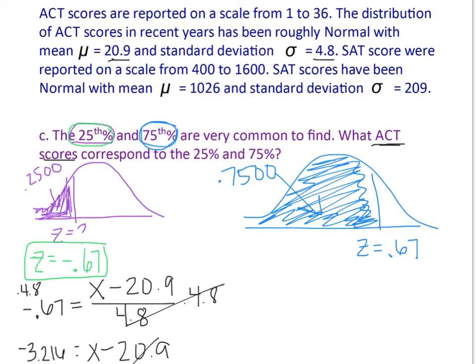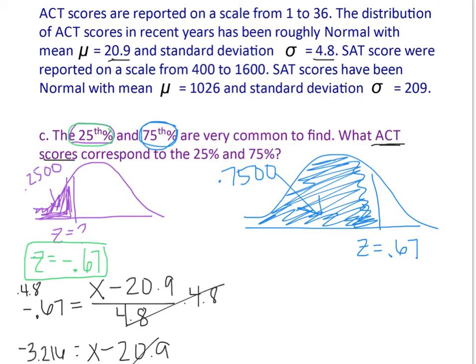So their z-scores should mirror each other. That's a pretty big concept that we need to understand for the z-scores, that they're unimodal and symmetric. So the z-score for the 25th is the same, just the opposite sign as the z-score for the 75th.